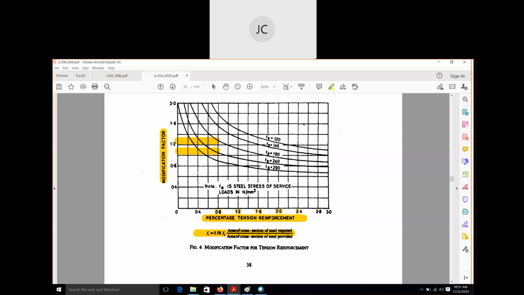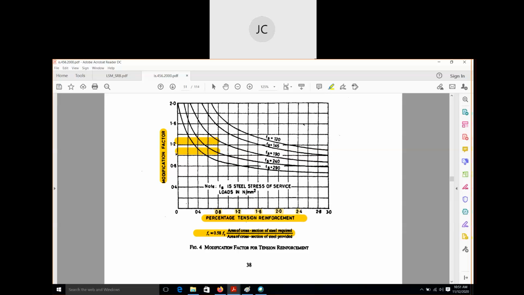This is 0.8, this is 1, this is 1.2. So it will be around 1.1. For this point, if you draw a horizontal line, it will intersect somewhere here.